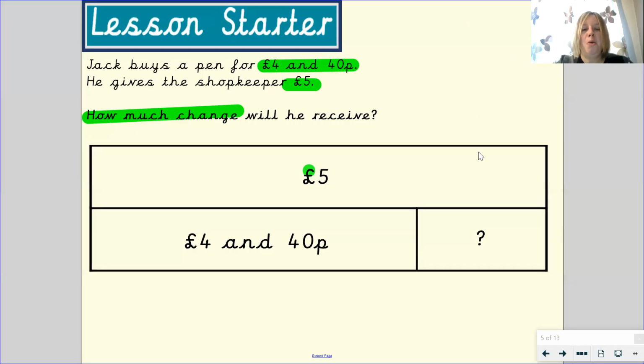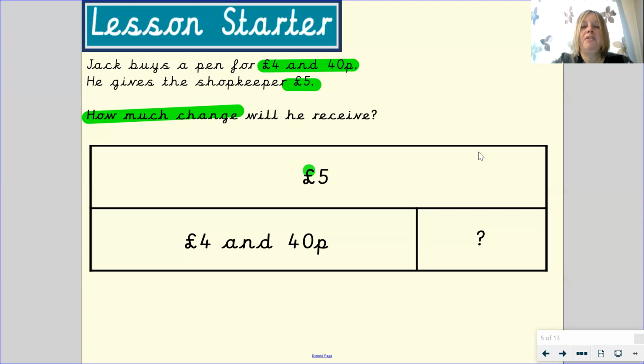So I know that Jack's pen costs £4.40, and I know that he pays with a £5 note. So we need to work out the difference between £4 and 40p.